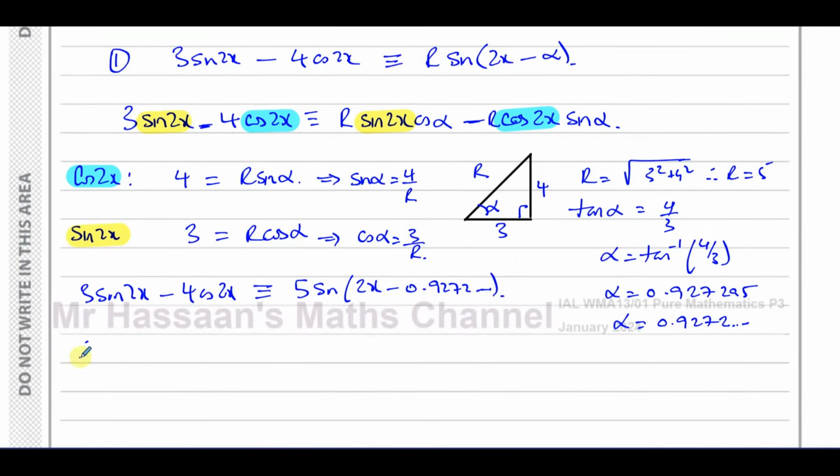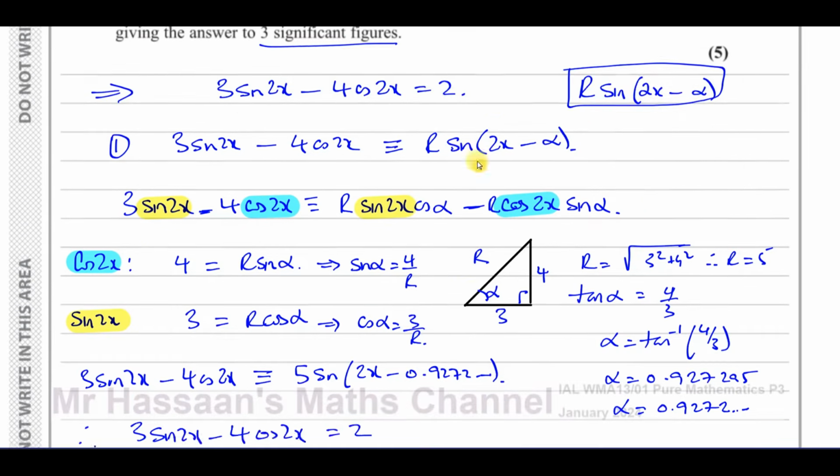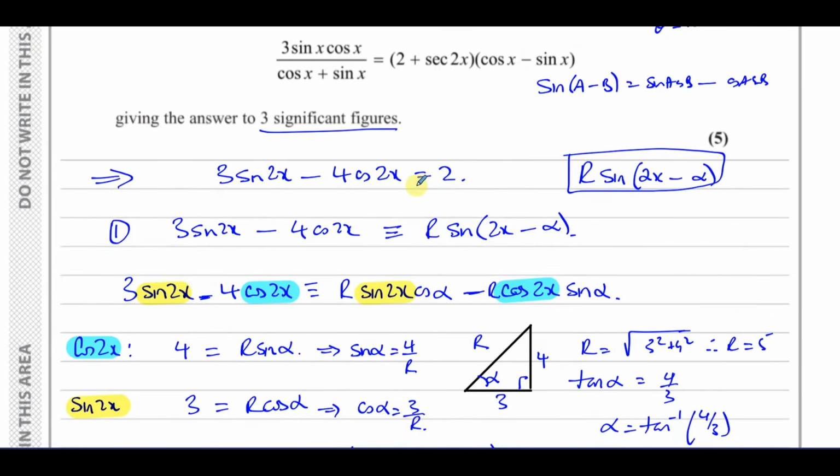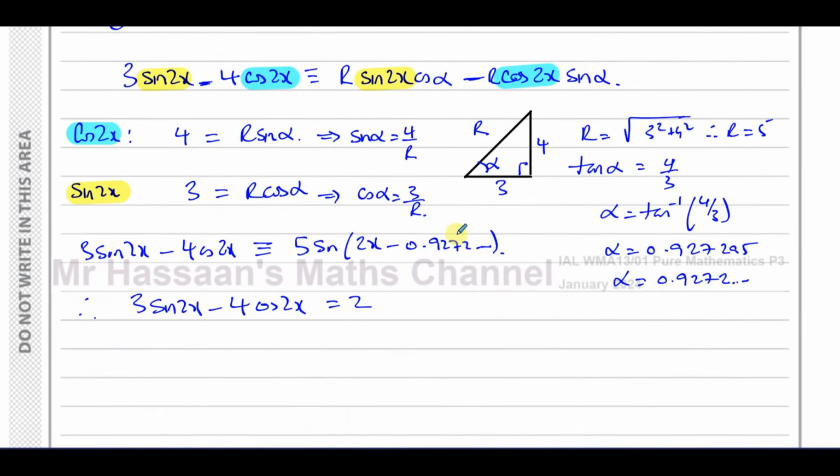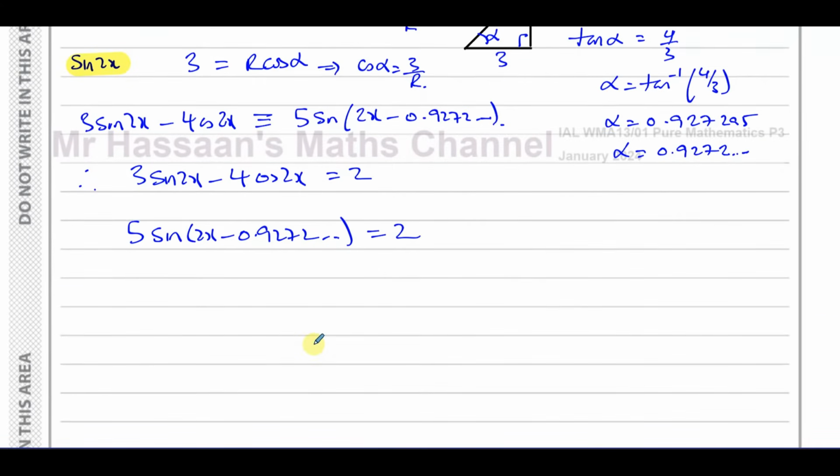So if I want to solve 3 sine of 2x minus 4 cosine of 2x equals 2, which is the original equation we were asked to solve, then we can just replace the left side by 5 times the sine of (2x minus 0.9272) equals 2, and I can solve this equation. Now this is an equation that we can solve.